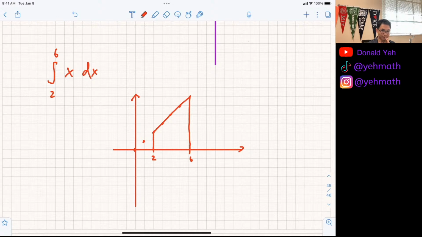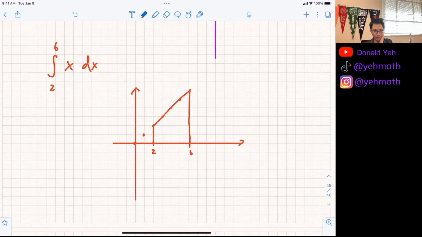1, 2, 3, 4, 5, 6. So like the bottom 2 rows, it's a trapezoid. Remember how to do trapezoid? You guys need to know how to do trapezoid. So this is 6 units, this is base 1, and this is base 2.